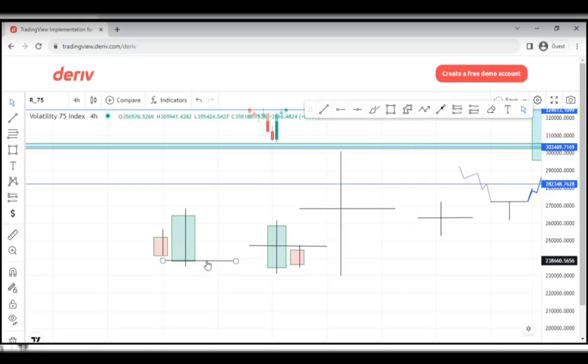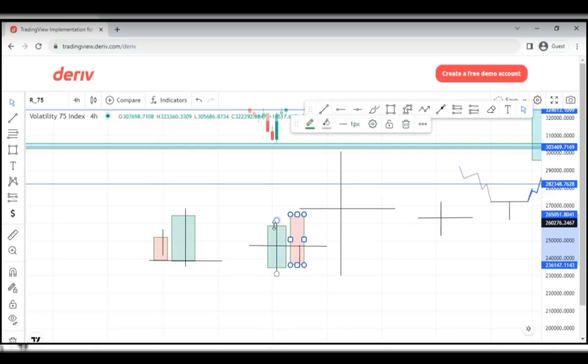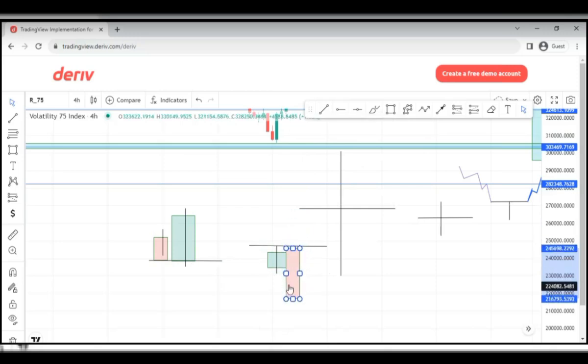Bullish engulfing, that's what supports. Vice versa, this guy should be bearish. Bearish engulfing. So that's for bullish and bearish engulfing patterns.